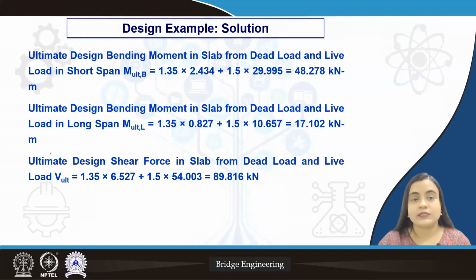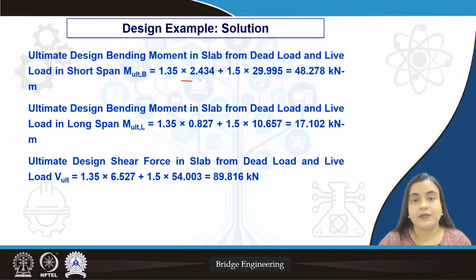Next, we can go for ultimate design bending moment in the short span direction in the slab. That can be calculated by applying 1.35 factor to the dead load bending moment plus 1.5 as load factor with the live load bending moment.